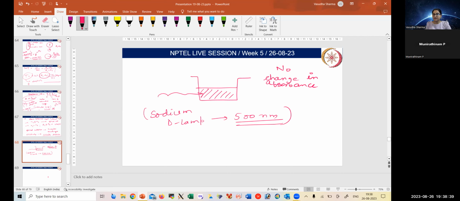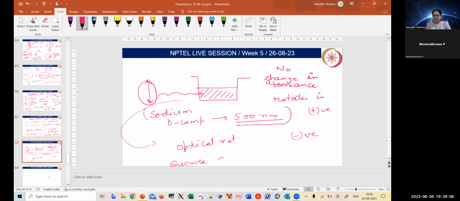But the light rotates in the positive direction, that is the right side, or gives a negative value of phi, that means the left side. So the rotation happens when it passes through the sucrose solution, and this gives us an idea that it has an optical rotation. That means our sucrose solution is chiral in nature.